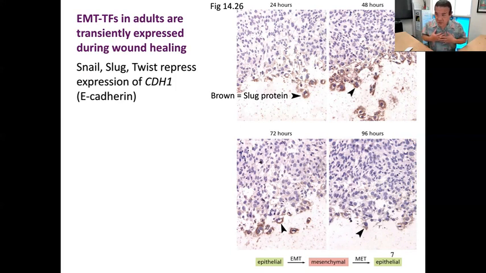So in adult bodies, these EMT transcription factors, like snail, slug, and twist, get transiently re-expressed. The genes get reactivated, and you can see here.